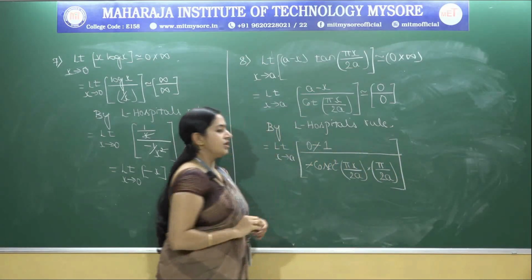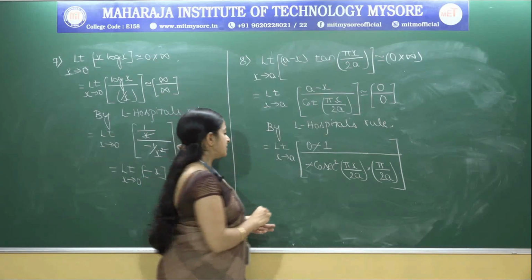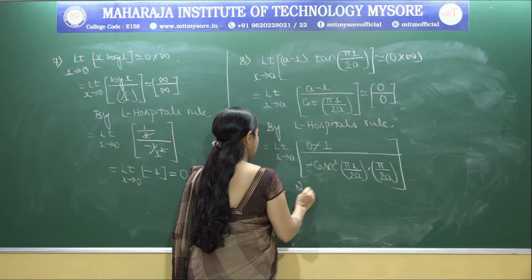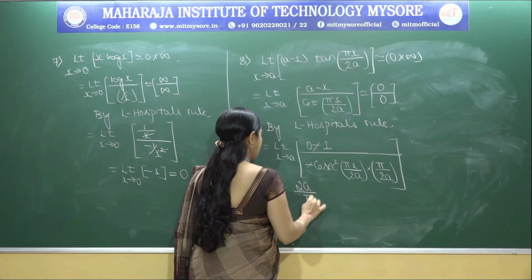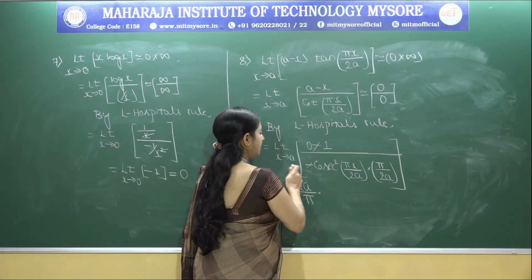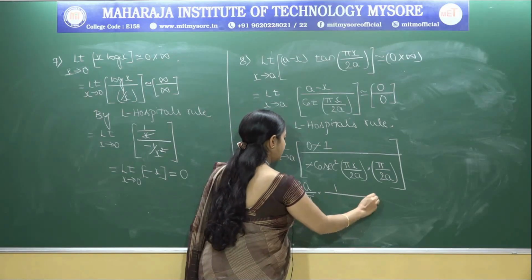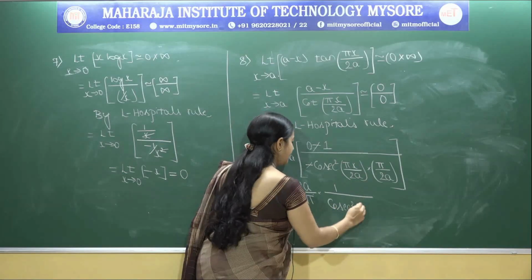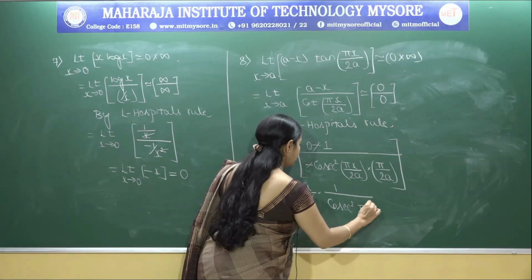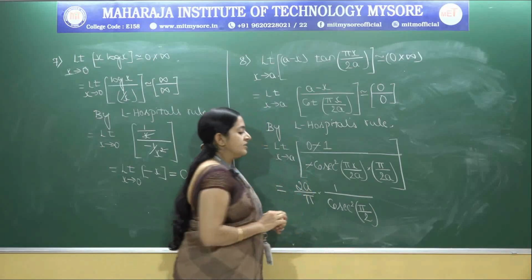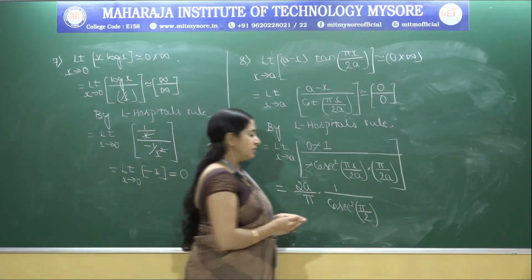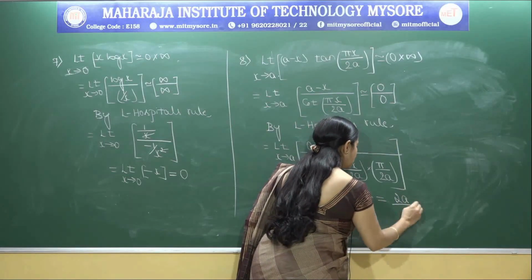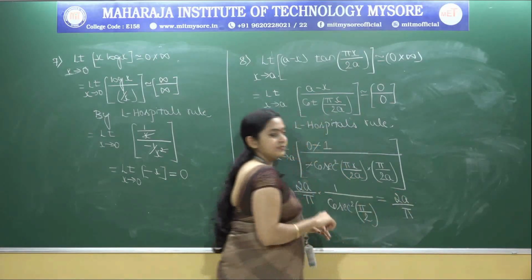Then cancel the negative and negative sign, simplify this, take this term to the numerator, you will get 2 divided by, apply the limit as x tends to a, 1 by cosecant square, a and a get cancelled, cosecant square pi by 2. Since sin pi by 2 is equal to 1, cosecant pi by 2 is also equal to 1. You will get the answer as 2a divided by pi.